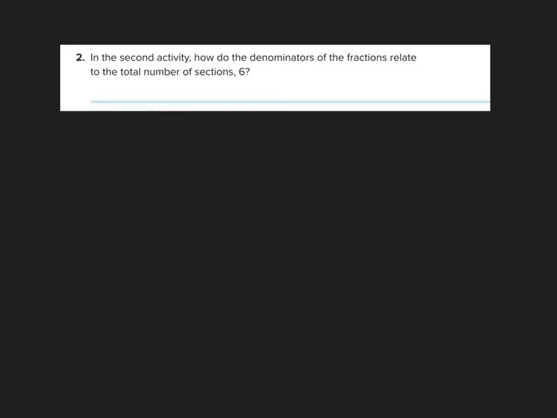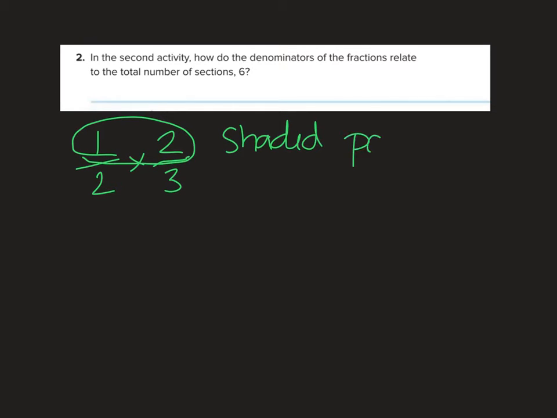In the second activity, how do the denominators of the fractions relate to the total number of sections? So when I was doing 1/2 times 2/3, the numerators told me how many shaded parts, and the denominators told me how many total parts.